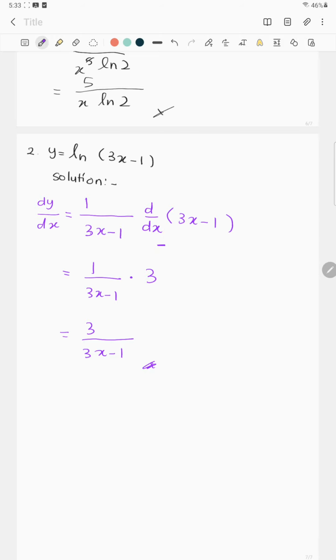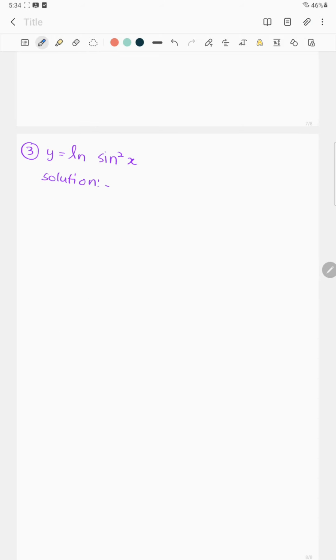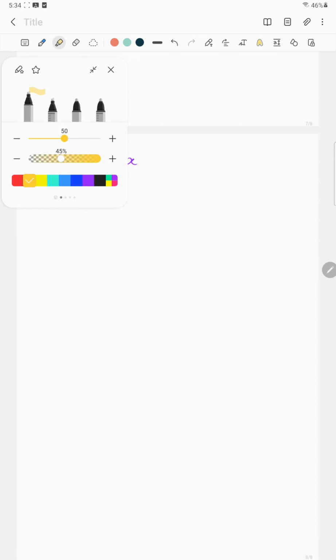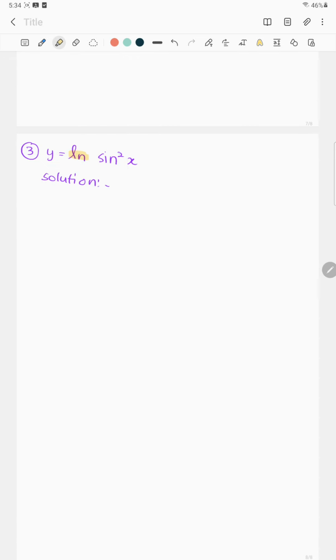So the last example for the ln differentiation is this one. y equals to ln sin squared x. The first thing that we need to differentiate is the ln. After that, the second one that we need to differentiate is the squared, for sin x.